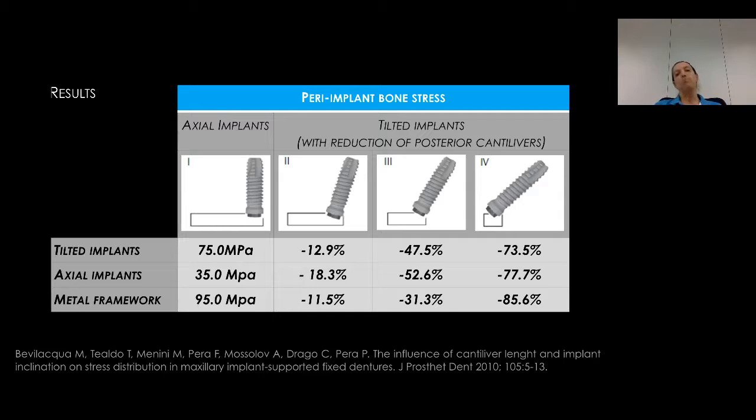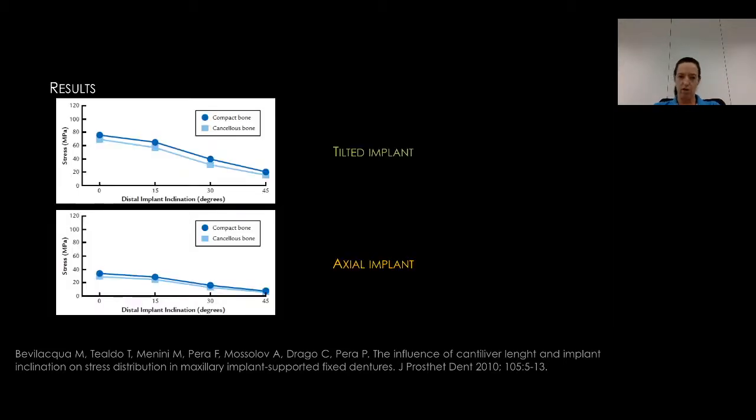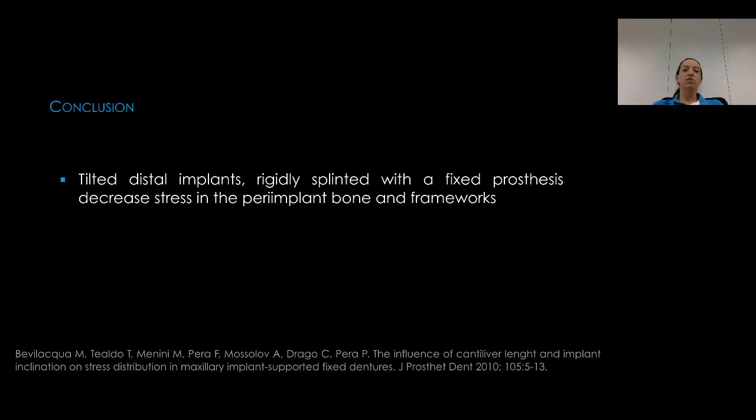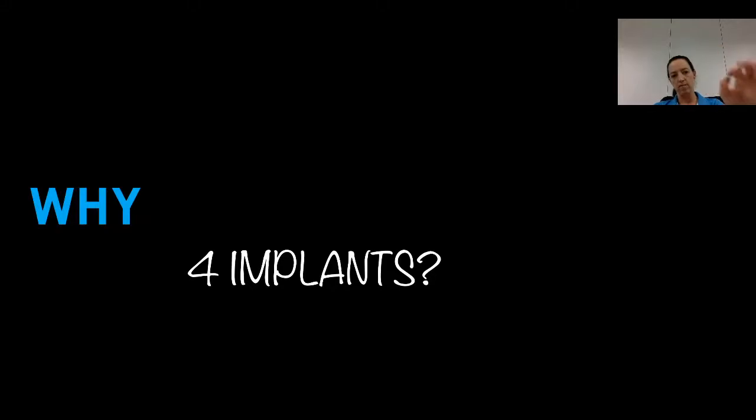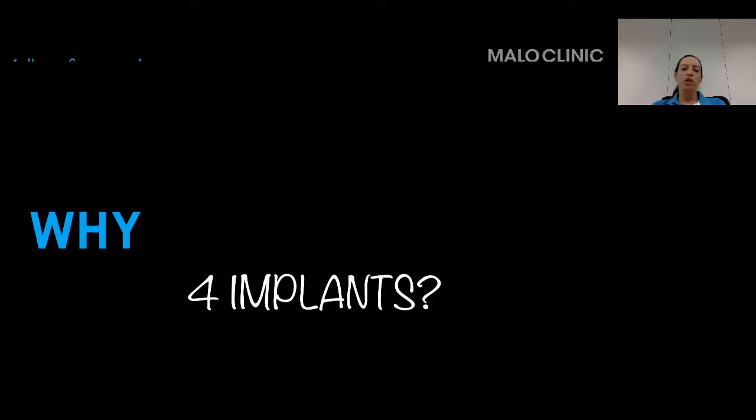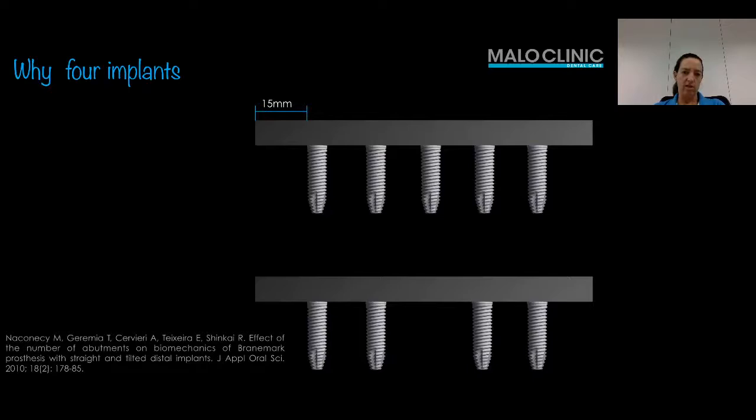So we can see that by reducing the cantilever, with a bigger angulation, we reduce the force felt around the tilted implant, the axial implant, and the metal framework, as you can see here. So the tilted distal implants rigidly splinted with a fixed prosthesis decrease the stress in the peri-implant bone and frameworks.